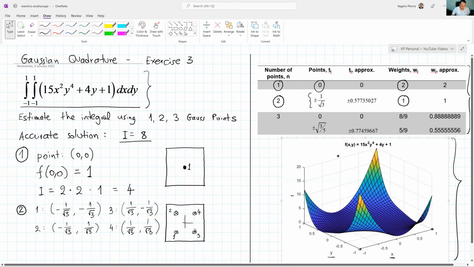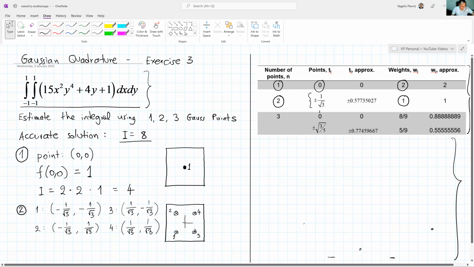I can remove this picture as I no longer need it, and then I can now make a table which will be 1, 2, 3, 4, my 4 points, and then I will write the x and y variables. So in this case, the first one is -1 over square root of 3, and the y is again the same.